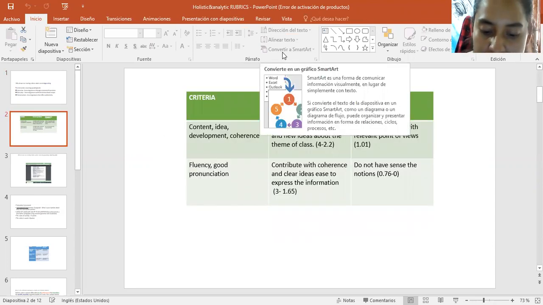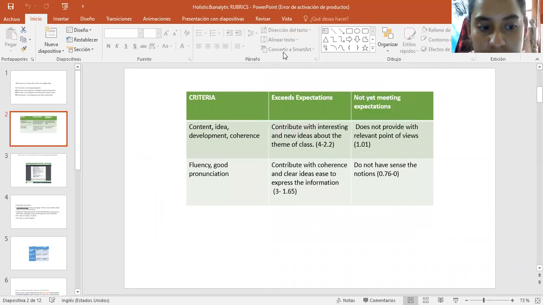This is an example of assessing speaking with criteria like evaluating the content, and if students have coherence, or another category could be to evaluate the criteria about fluency and good pronunciation.